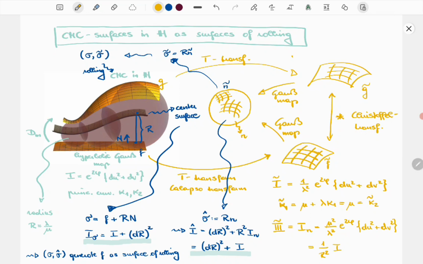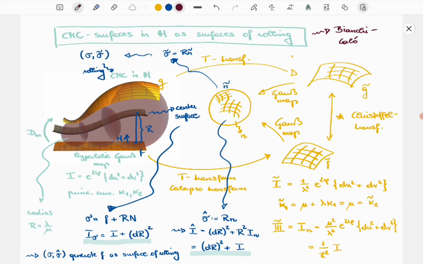Further, I want to point out that there is a different construction for CMC surfaces as rolling surfaces given by the Bianchi-Calò formula, which also shows that CMC surfaces in hyperbolic space can be obtained via rolling, but with the Bianchi-Calò formula, in general, you don't get curvature lines on your CMC surface, but some different coordinate system.